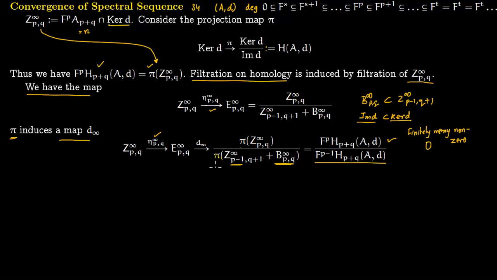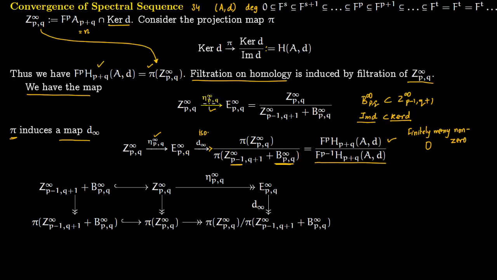Now we want to show that this D infinity is actually an isomorphism. It is clear that this is a projection map, because from here you have a projection map. You are just taking this projection map to this projection map, because you are not removing anything or adding anything new. So let us see that this is an isomorphism.